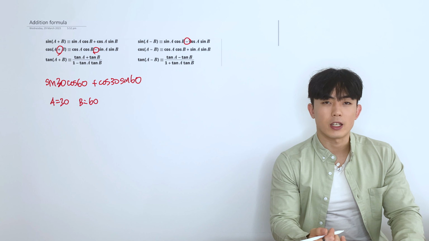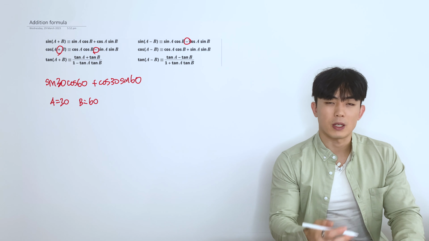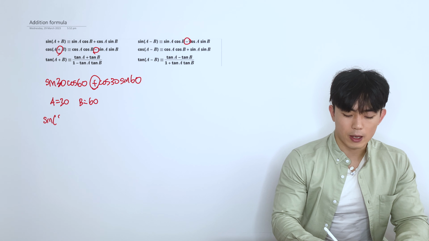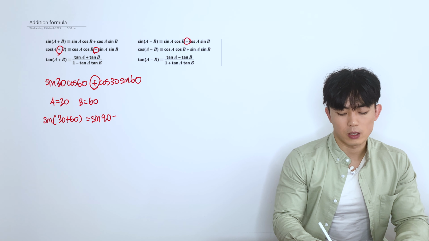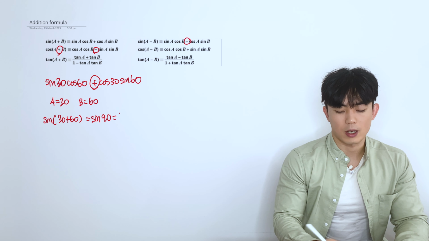And then we need to identify, is it going to be sine, cos, or tan? Well, the order is sine, cos, cos, sine, which means it's going to be the sine one. Because there's a plus here, we know it's going to be sine A plus B, which is equal to sine 90, which is the same thing as 1. Okay, so as long as you identify the A and B and work out which one it's going to be, then it's fairly simple to use.